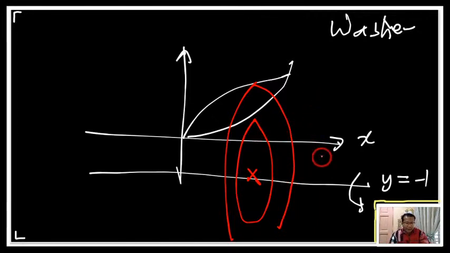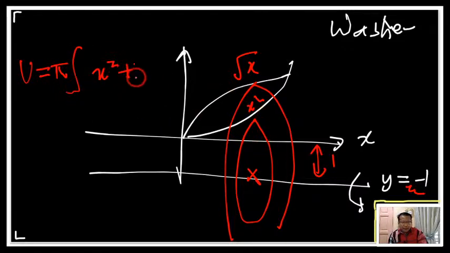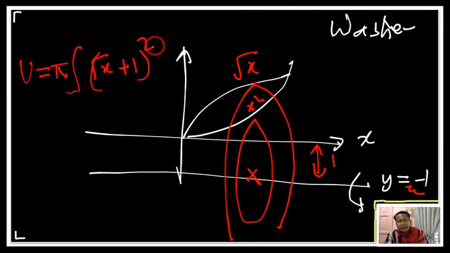So you have to add 1. You don't care about the minus sign. Length is always positive, right? So this one is x. This one is x squared. So V equal to pi. The big one is x plus 1 squared minus the small one, x squared plus 1 squared, dx.